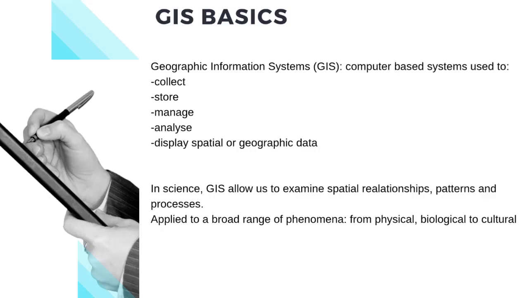A geographic information system, that we will call GIS after this, is a computer-based system that is used to collect, store, manage, analyze, and display spatial or geographic data. As I said, we use GIS in science to examine spatial relationships, patterns, and processes, and we can apply it to a broad range of phenomena, physical, biological, and cultural.